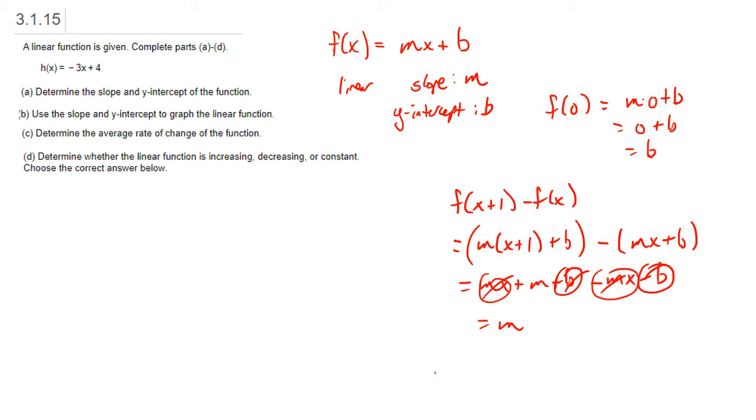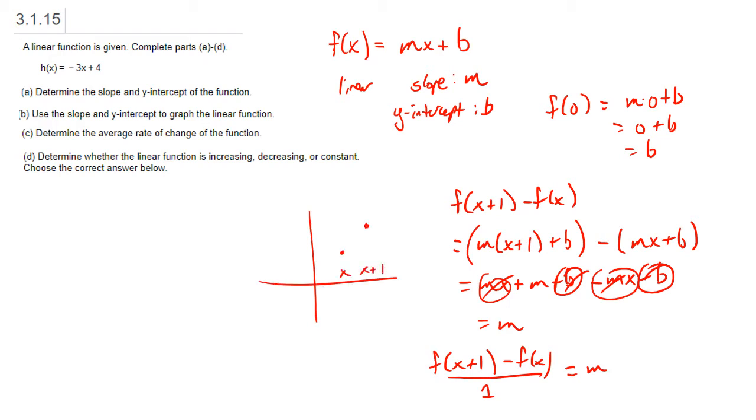So f of x plus 1 minus f of x over 1, division by 1 doesn't change anything, this is just going to be m. So if you take any 2 points on the graph, separated by a distance in the x-axis of 1, what we've seen is that the corresponding distance in the y-axis will always be exactly m.